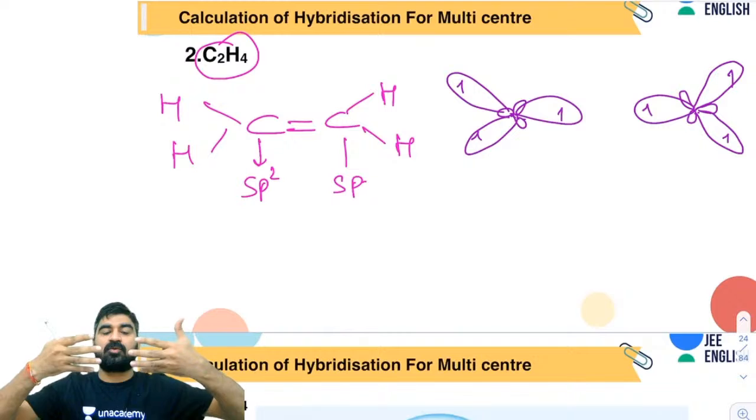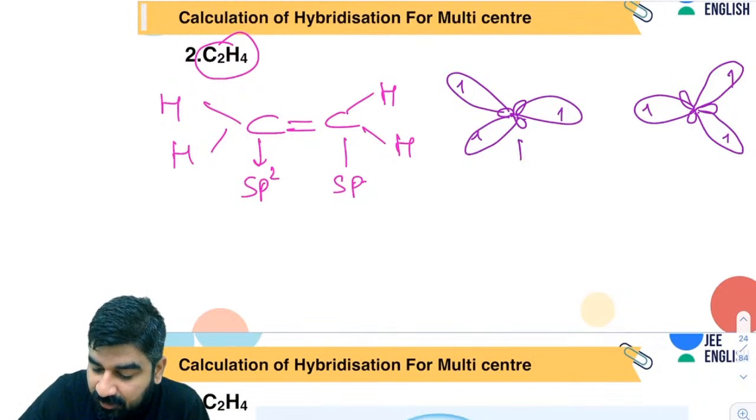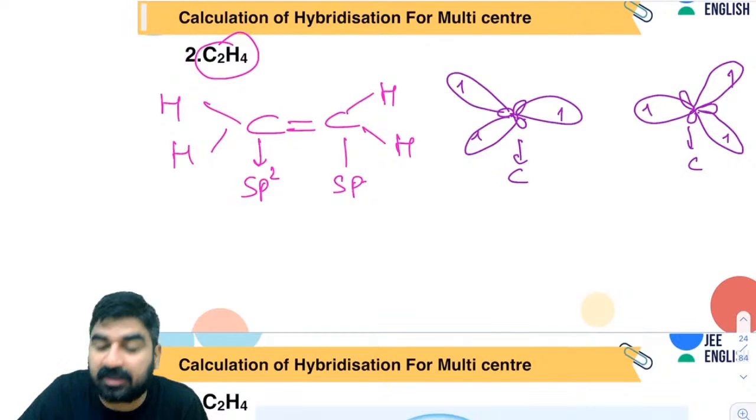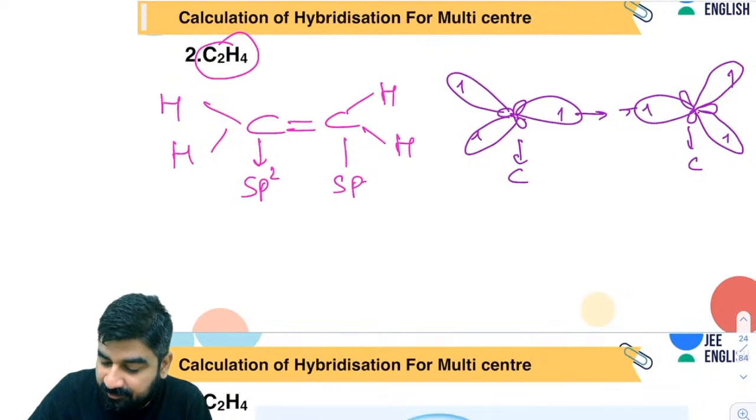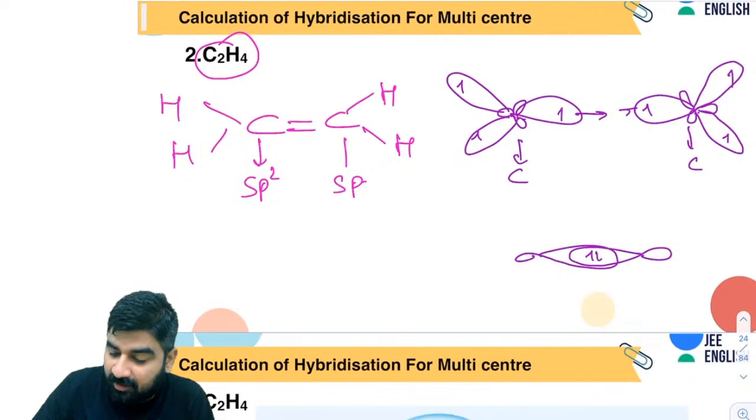Now what will happen, guys, when they move towards each other? This is one carbon atom. This is one more carbon atom. They can make only sigma bonds. When they move towards each other, one sigma bond will be there, and then we have one here.